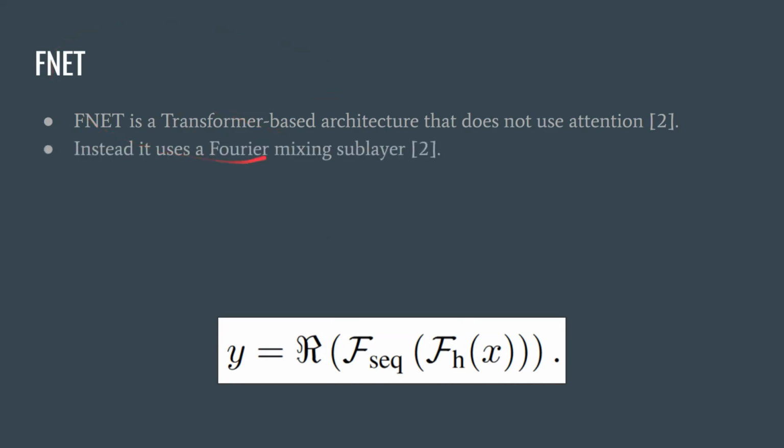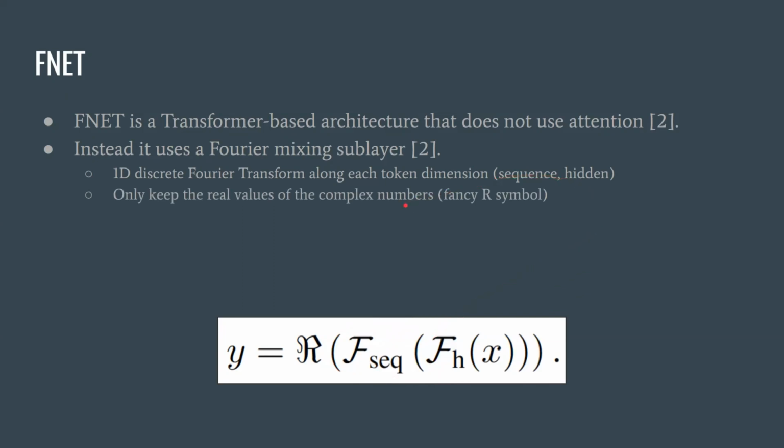And so the FNet encoder uses a Fourier mixing sublayer instead of that multi-head attention sublayer. This works by first doing a discrete Fourier transform along the hidden dimension, which you can see here, and then doing it along the sequence dimension, and then only taking their real values. And even though that's a bit weird, it turns out not to have an adverse effect on performance.